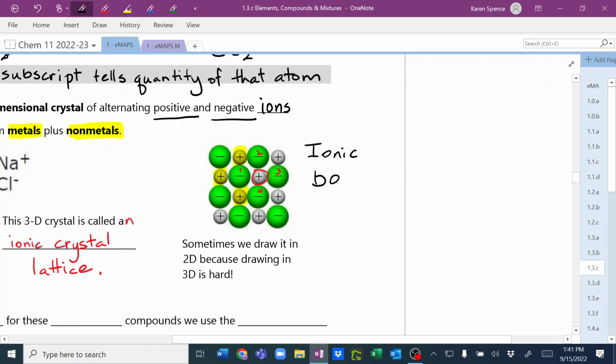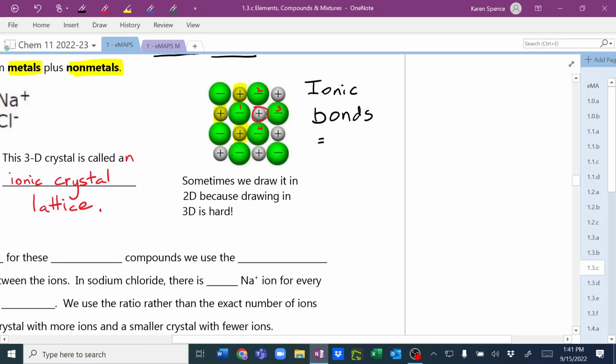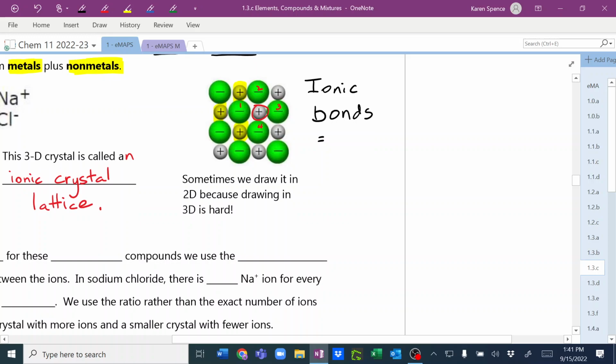Bonds. Yeah. Okay, so ionic bonds are the attractive force between the positive ion and the negative ion.